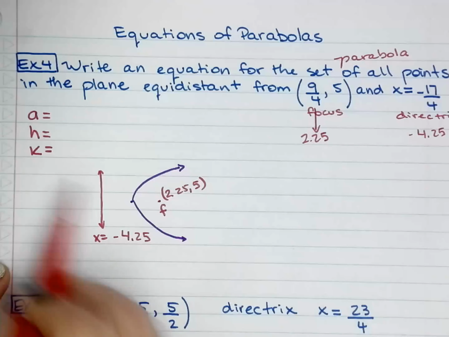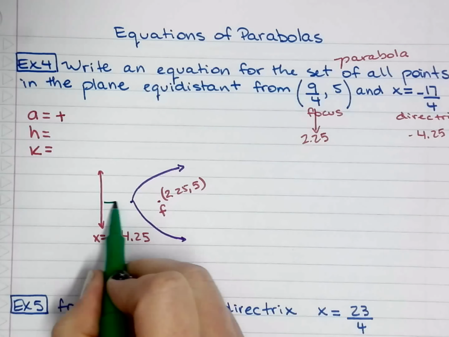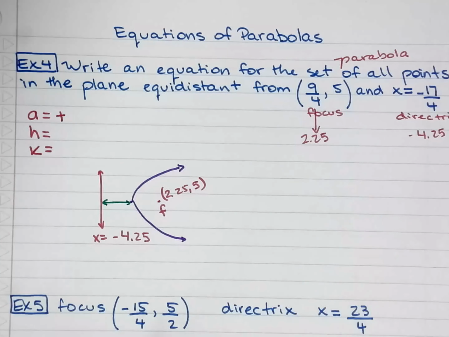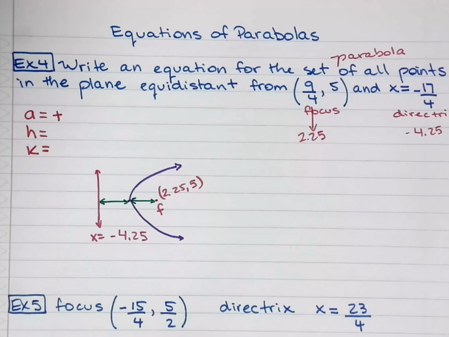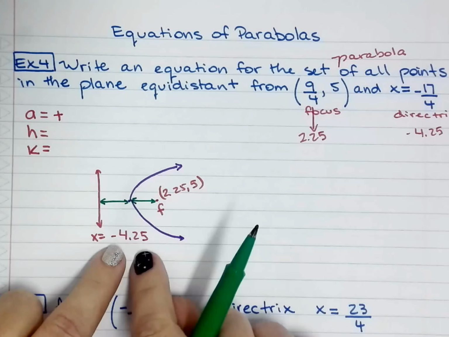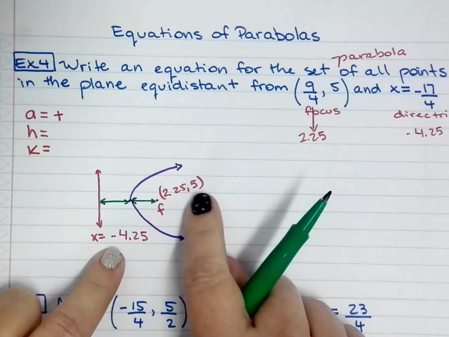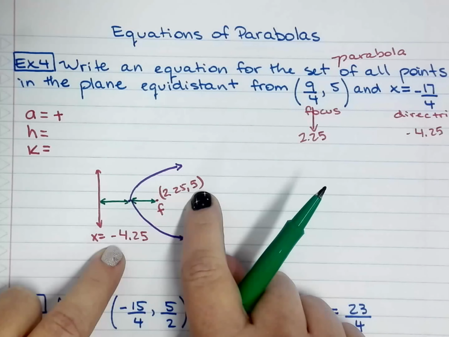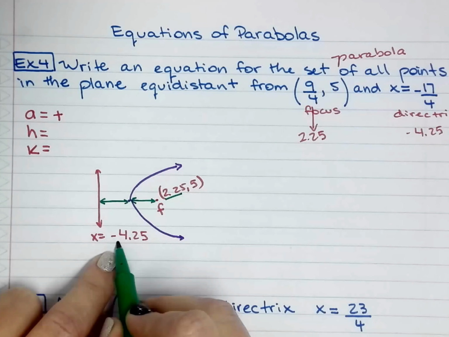When it opens to the right, A is positive. They didn't give us the vertex, but we can find the vertex by finding C, and C is the distance from the focus to the vertex and from the vertex to the directrix. So if I go from negative 4.25 all the way over to 2.25, we're finding the distance from here to here.